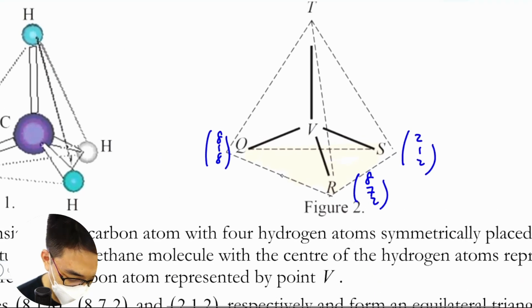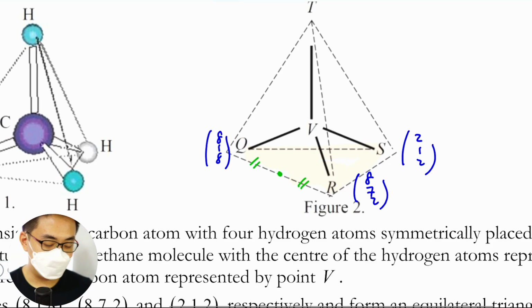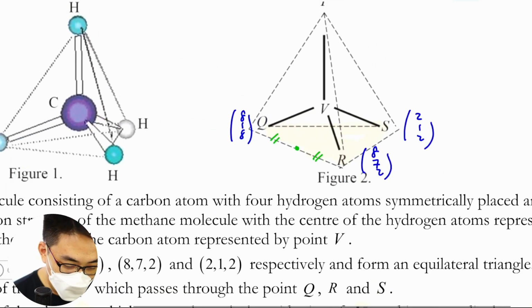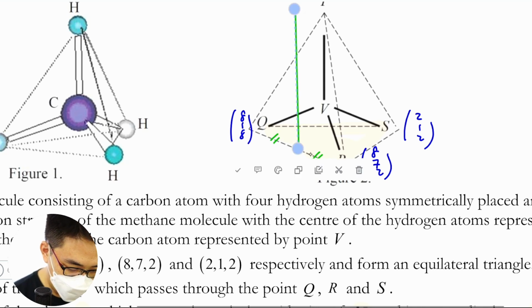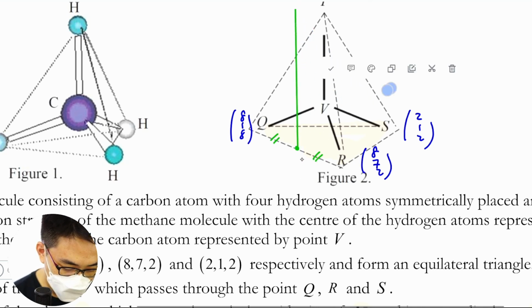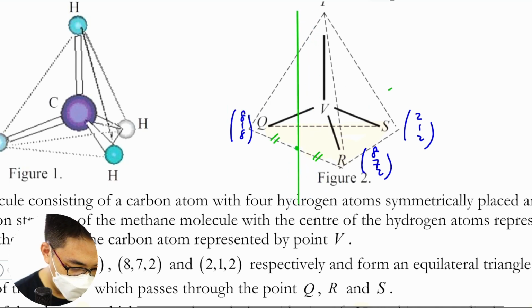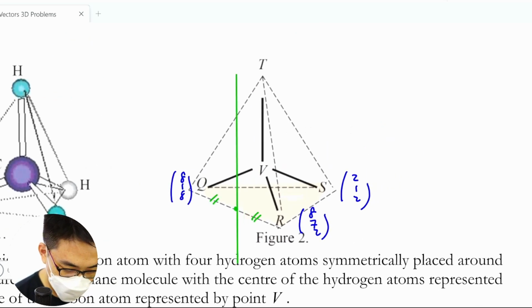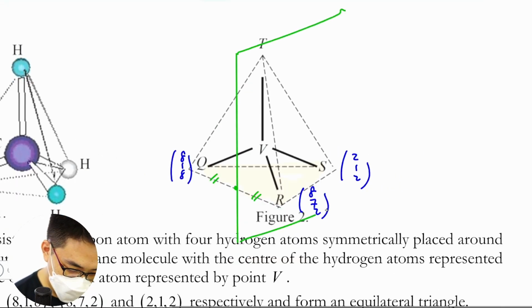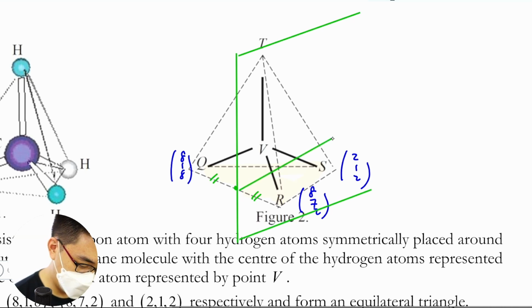Then you want a plane which cuts through here, like that. It may not be easy to see. It must be perpendicular to the line QR.